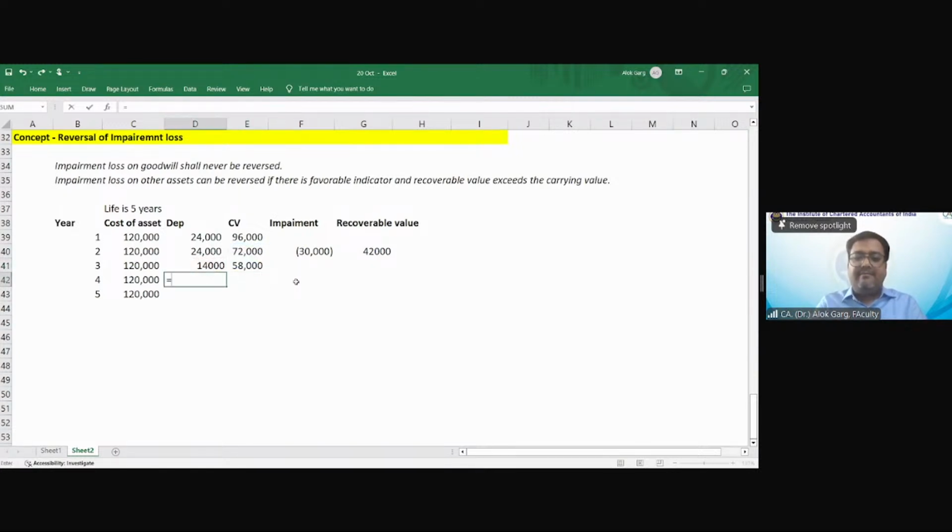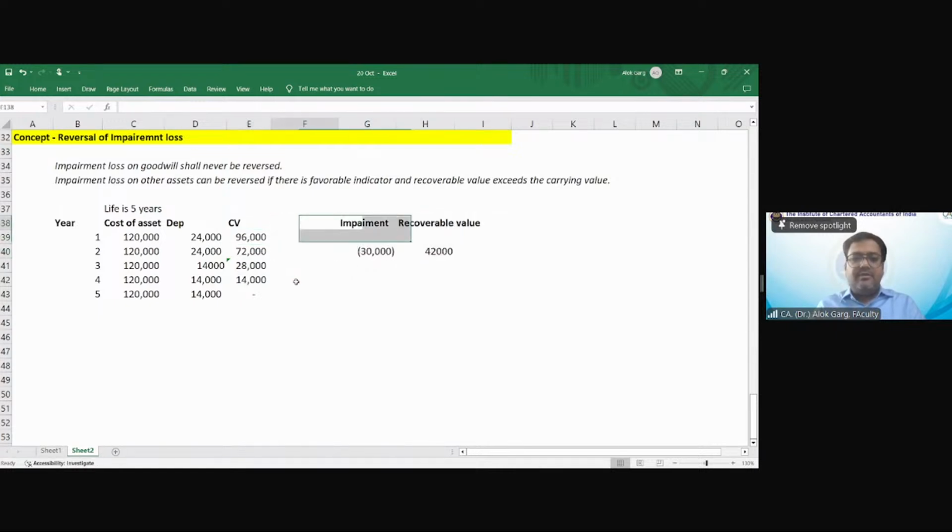Now this will become the carrying value, 28,000. Then 28 divided by 2, 14,000. Then 28 minus 14, and in the next year 14 divided by 1, so this minus this, 0. So this is how it is.